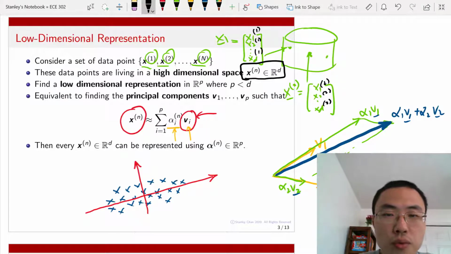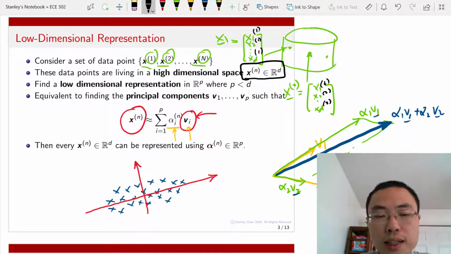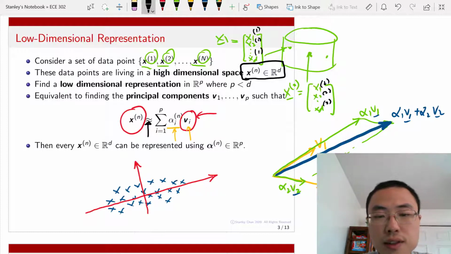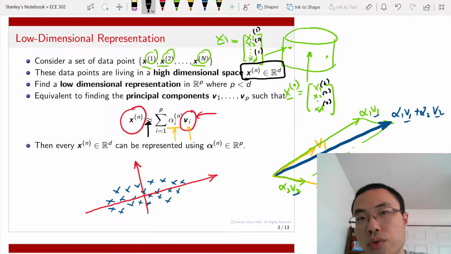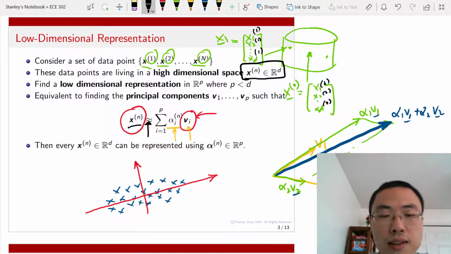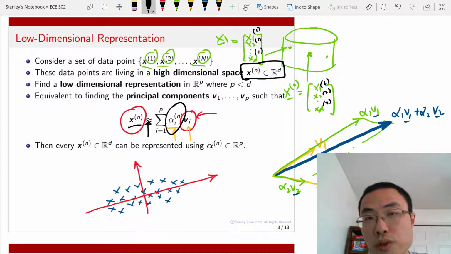So you ask, what is the benefit of writing x^n as here? The benefit is that if you can approximate x^n as these linear combinations, then the v_i's are usually known to you. So you do not need to store anything for the v_i's. All you need to remember is that x^n can be fully represented by these two coefficients.